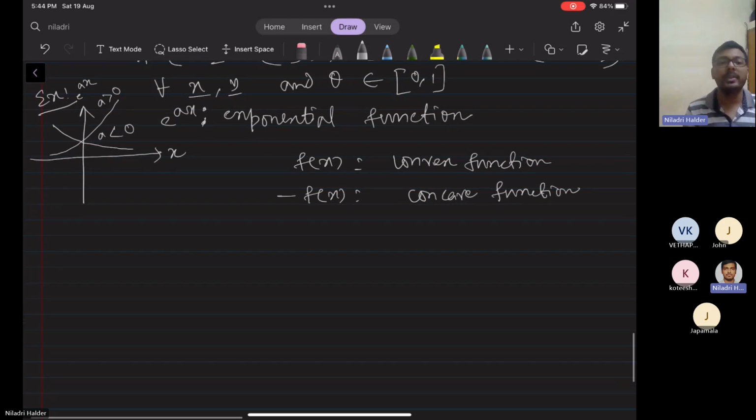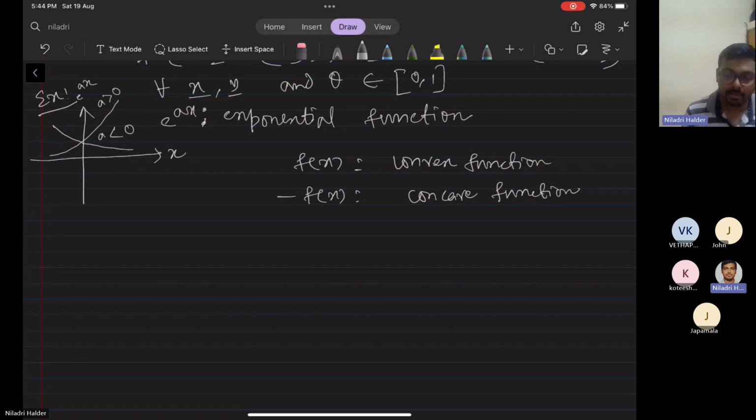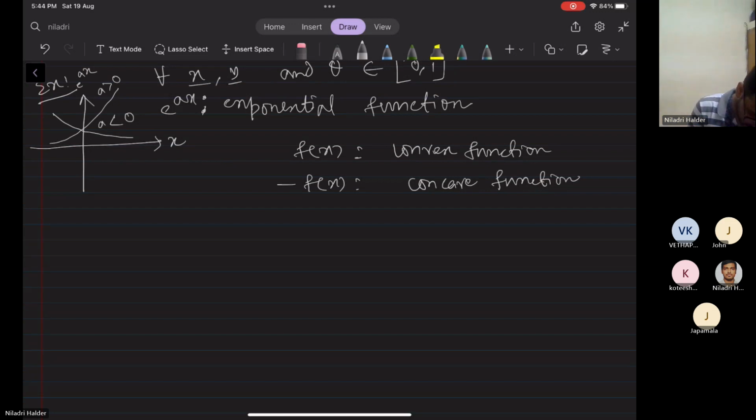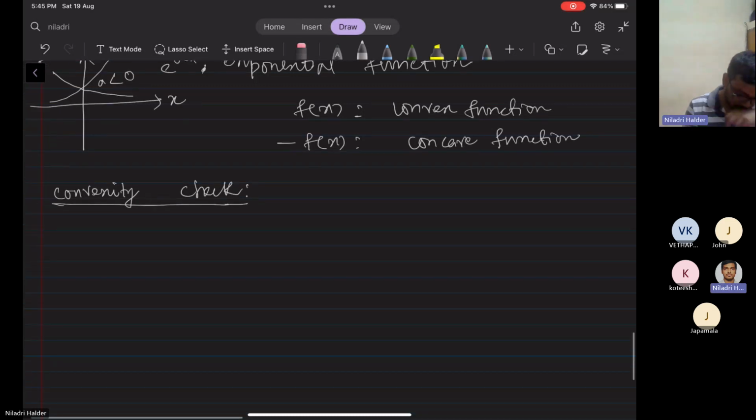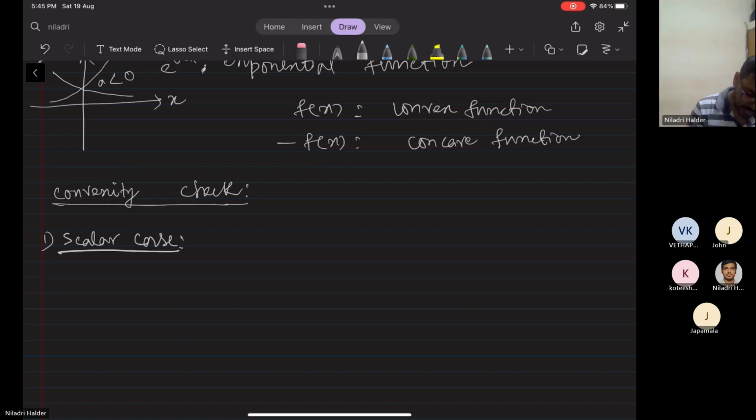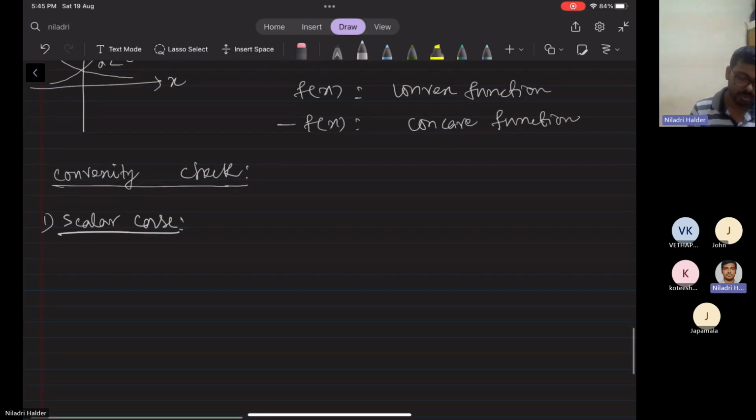Now, how to check the convexity? That is the main problem. Suppose for the scalar case, where x is a scalar, y equals f(x).